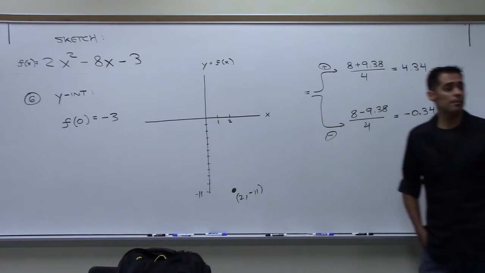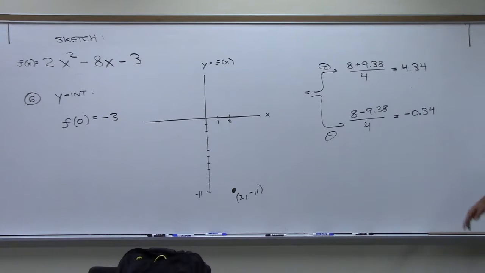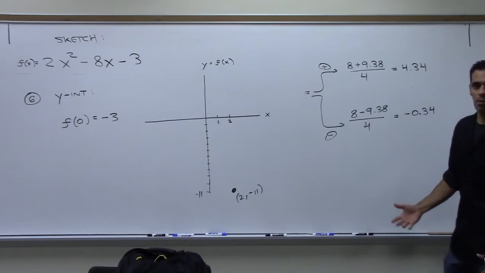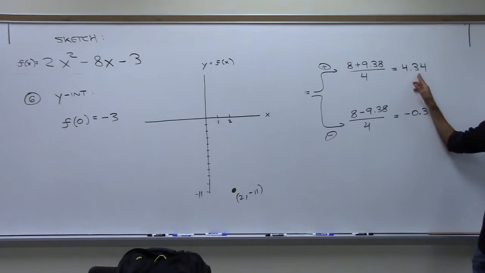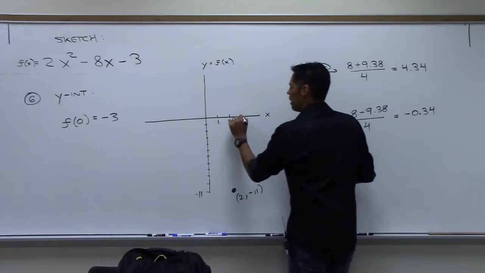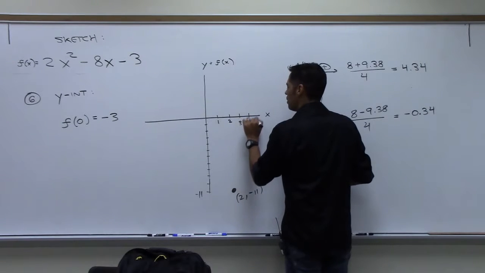The next information that I gathered was the x-intercepts, right? These two things. So 4.34, that's bigger than 4, right? It's less than 4.5. So this is why people always ask me, how many decimal points do I need to go?